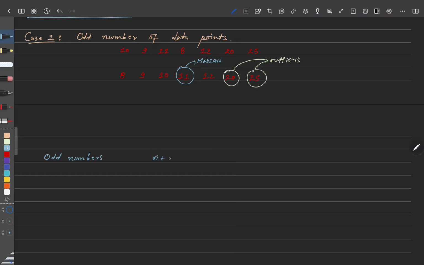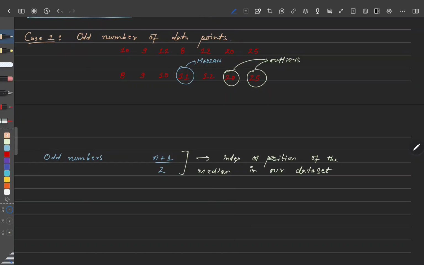Formula is n plus 1 by 2. This formula will give us the index or position of the median in our data set.